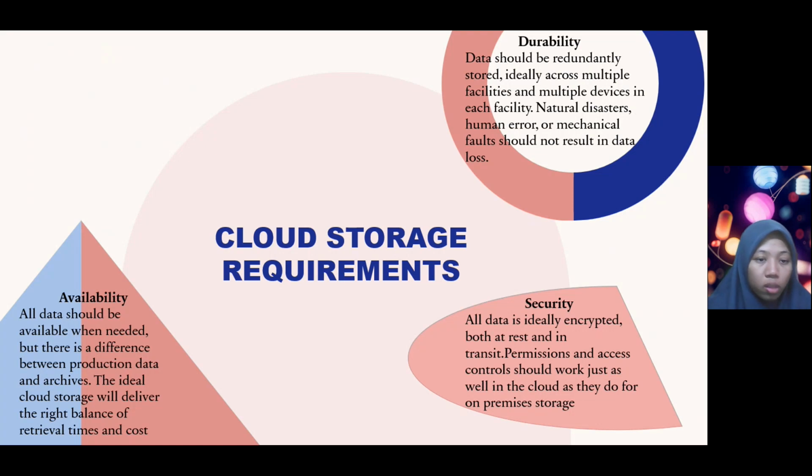All data should be available when needed, but there is a difference between production data and archive. The ideal cloud storage will deliver the right balance of retrieval time and cost. Security: all data is ideally encrypted, both at rest and in transit, and permission and access control should work just as well in the cloud as they do for on-premises storage.